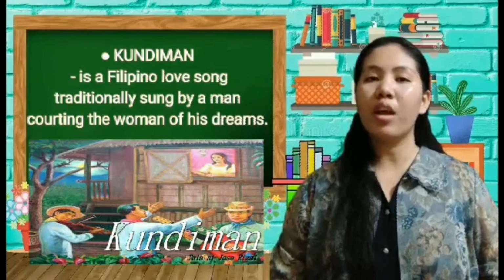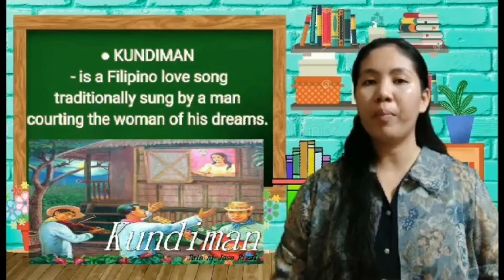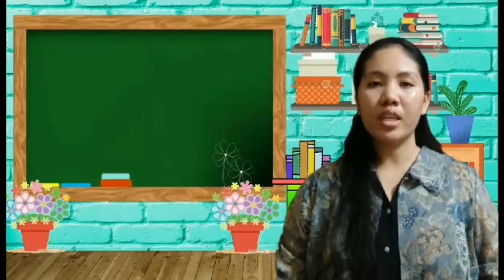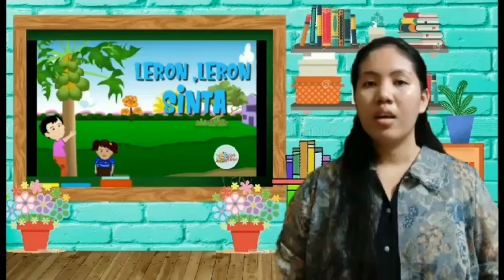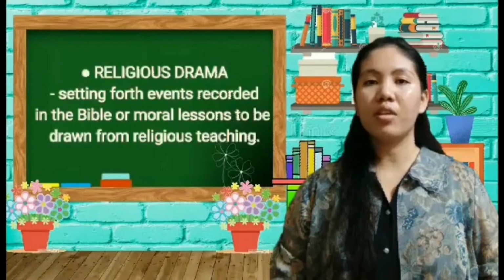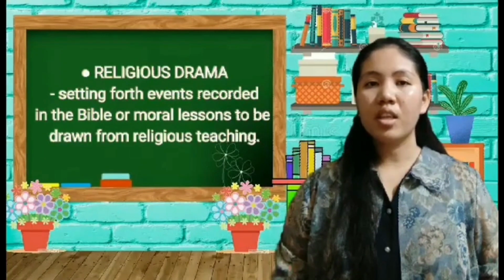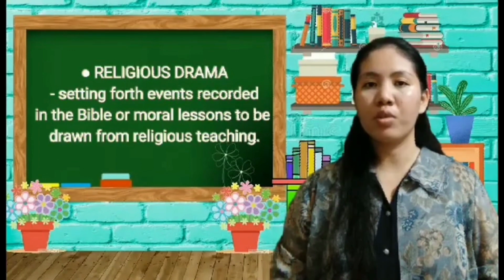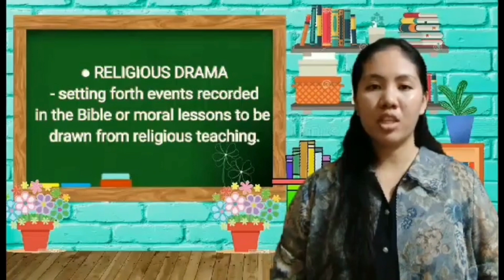It is the Filipino love song traditionally sung by a man courting the woman of his dream. Example for this is the Leron Leron Sinta. This song depicts humbleness. Next is the religious drama, setting forth events recorded in the Bible or moral lessons to be drawn from religious teaching.